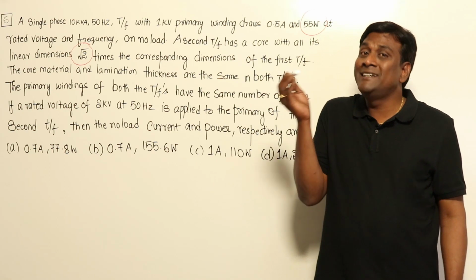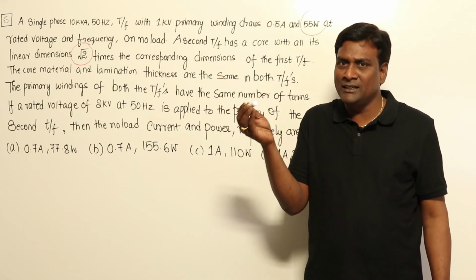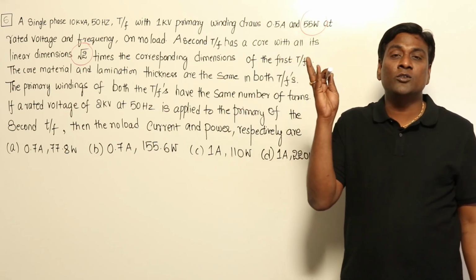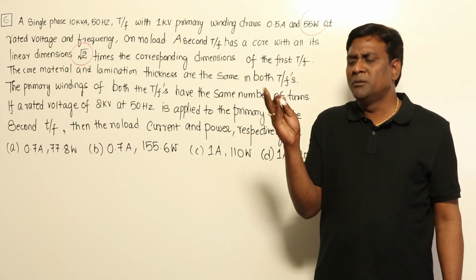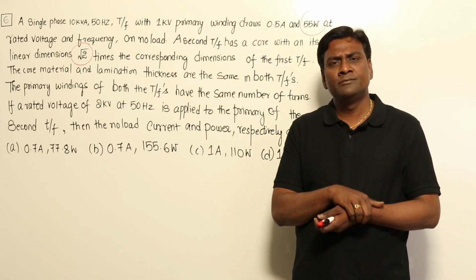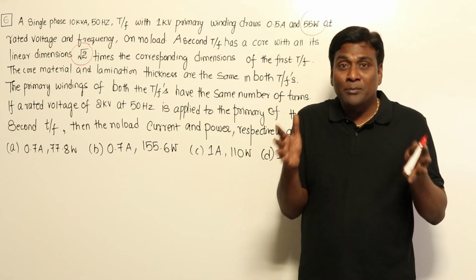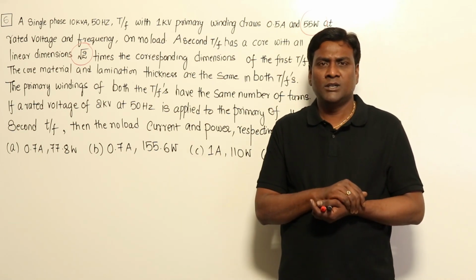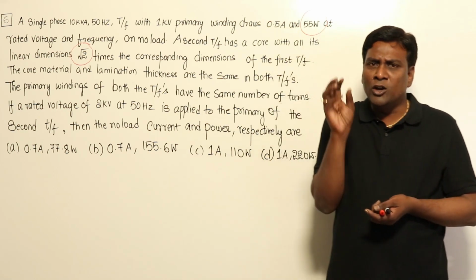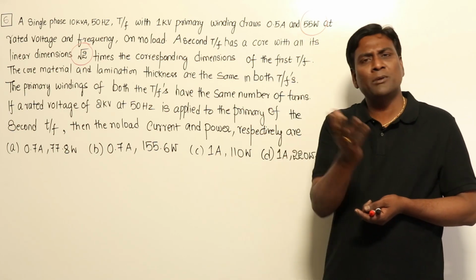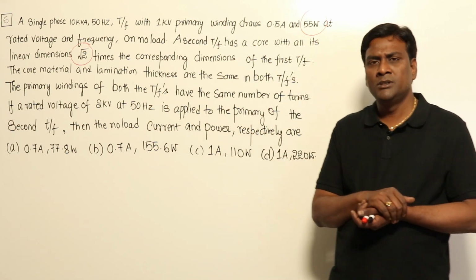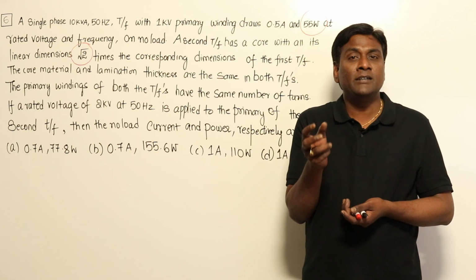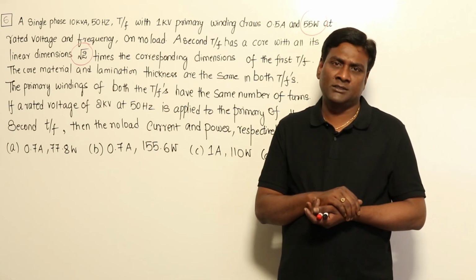I'm designing a machine with double the area of cross section, meaning my current capacity should be doubled, meaning my copper losses should be doubled. So if I increase the volume of copper, will copper losses increase? Yes. Then what is the logic? In copper, current density should be constant.